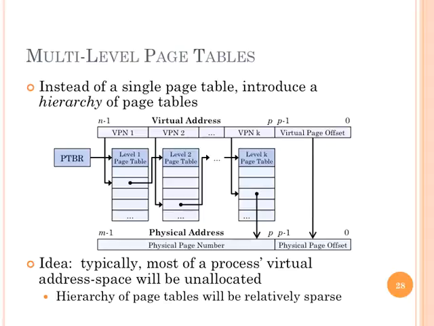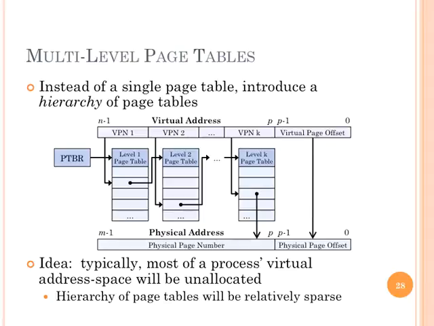Interesting detail. What happens for each level? Where are these things stored? You remember? These things are stored in DRAM, right? So for every access I have to do into my page table, every level I have, I incur another memory access.